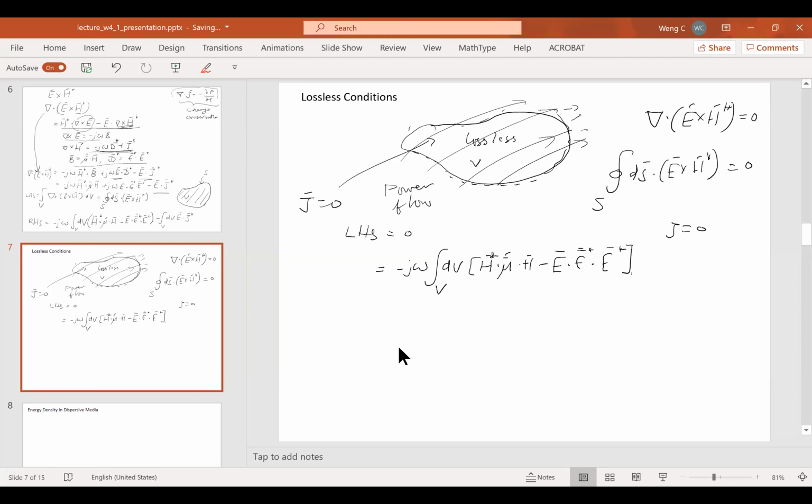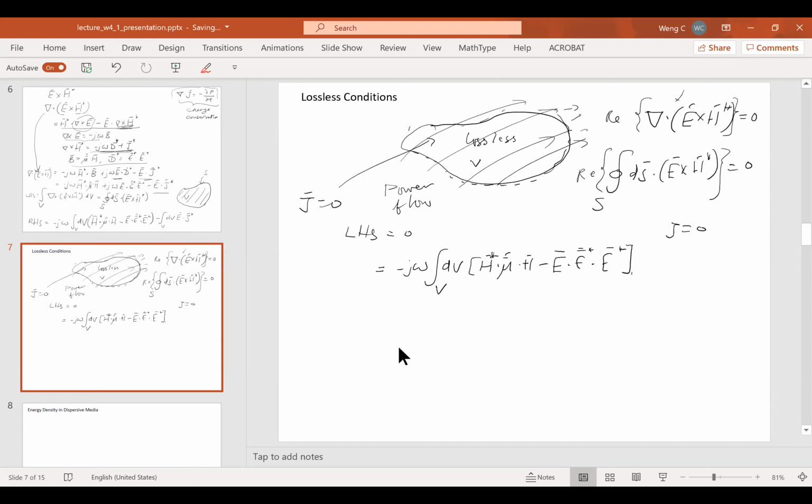This would be 0, actually, I have to say something more before I claim that this is zero. Let me see. What is the thing that I have to say? If something is lossless, the real part of this should be zero. It is the real part of this that has to be zero, or you can put the real part in there too.